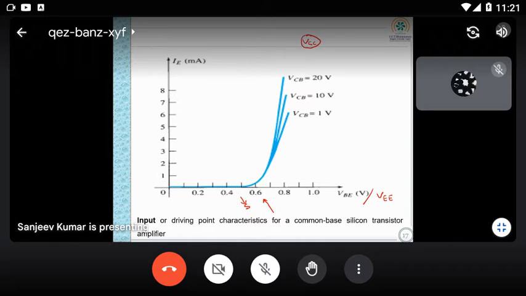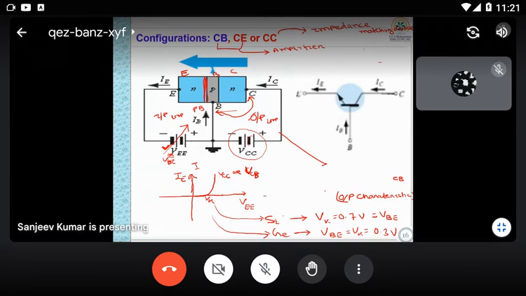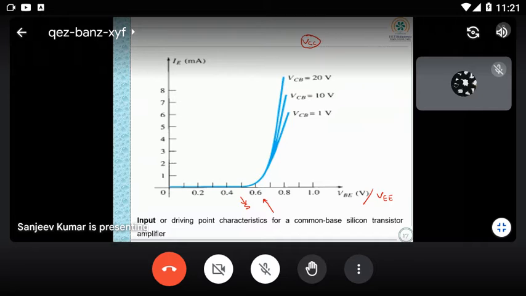Similarly, if you go for the output characteristic, if you see the diagram, it will be IC versus VCB, at whatever input you are giving, because based upon that your output will vary. Here, this is a current control device, so based upon your input current, the input current will be IE. At different IE, IC versus VCB is the output characteristic.